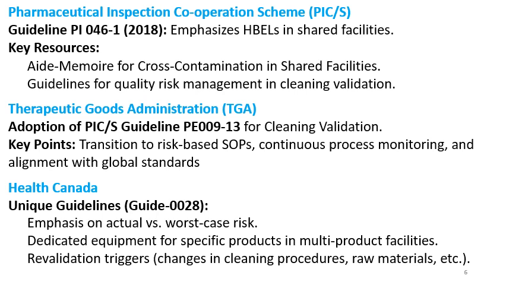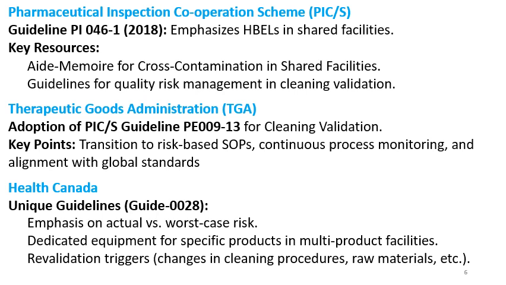EGA has given some guidelines, adoption of the PICS guideline for cleaning validation, which have key points like transition to risk-based SOPs, continuous process monitoring, and alignment with global standards. Health Canada has a guideline which emphasizes actual versus worst case risk, what is involved in cross-contamination, and dedicated equipment for specific products in multi-product facilities.